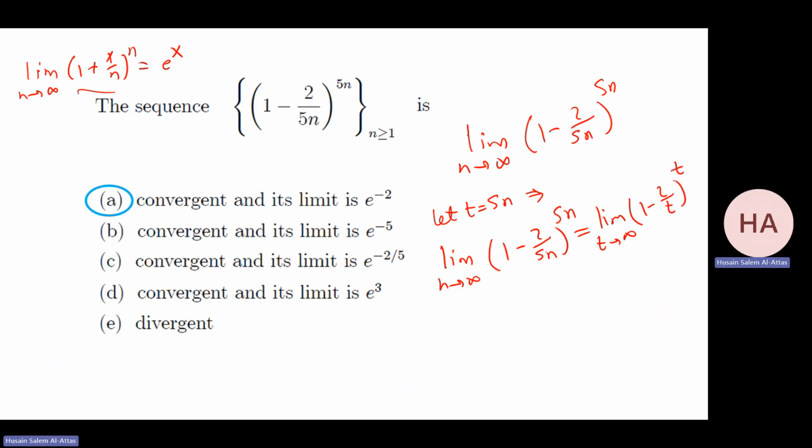So now it's written in this format where x is minus 2. I can say this is (1 plus (minus 2) over t) all to the power t. So in this format, it will be the same, but with x equal minus 2. So that will be e to the power minus 2. It's convergent, and its limit is e to the power minus 2.